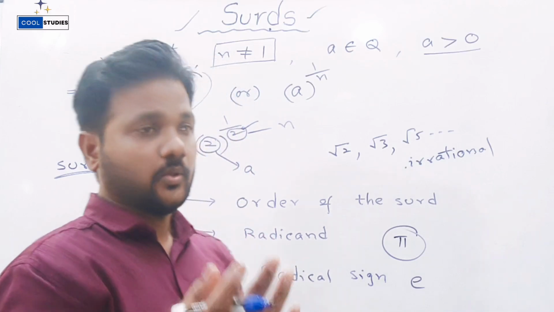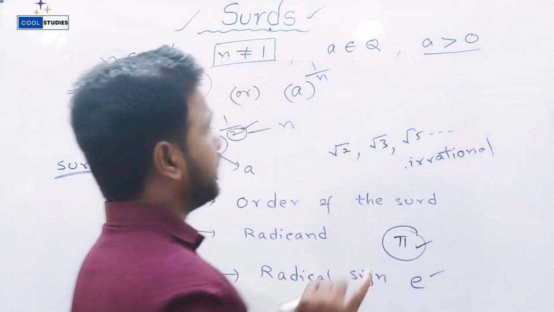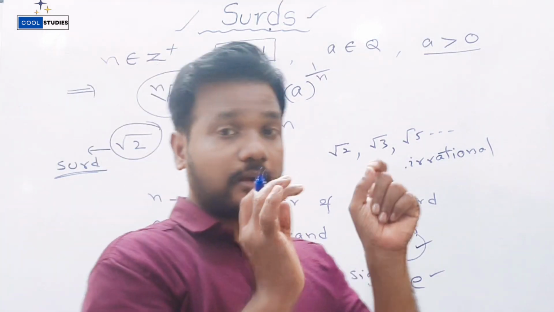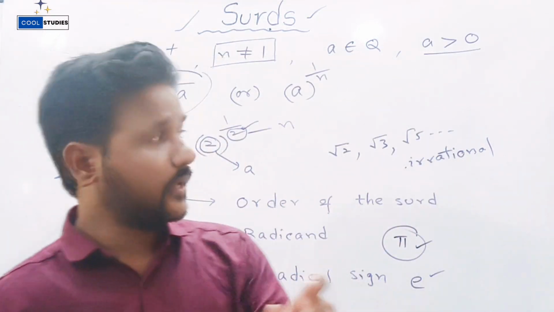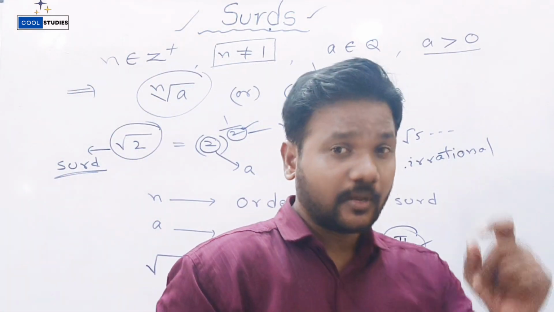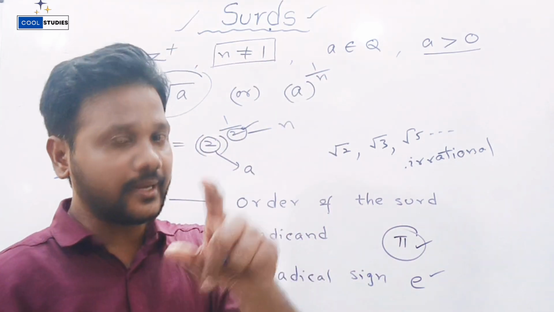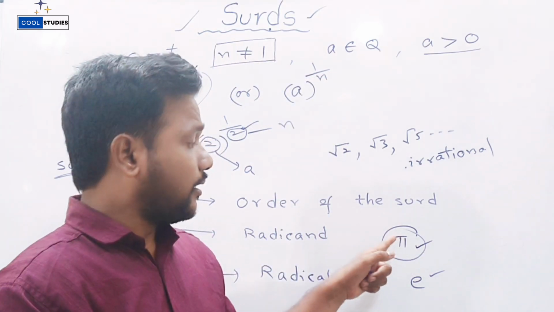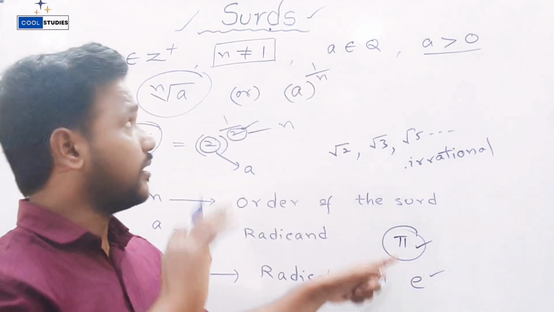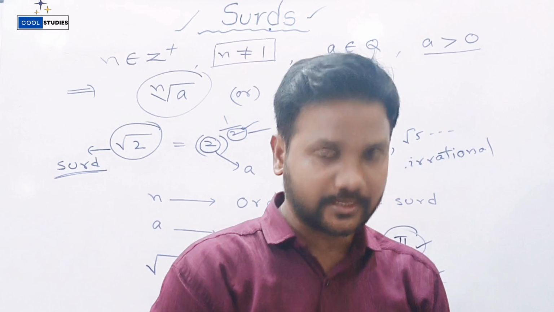The reason is that we are not able to write these two numbers in the form of nth root a. That's why we conclude that all surds are irrational, but all irrational numbers need not be surds. I hope you understand that.